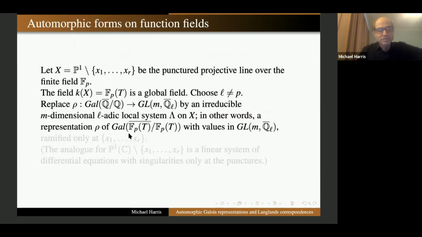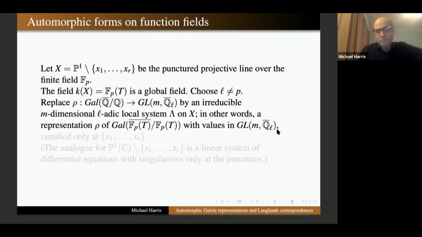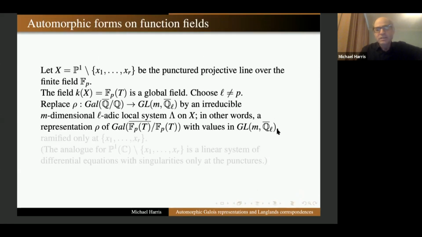So we can take a fundamental group at the generic point, and this is the Galois group of the algebraic closure of this field, or the separable closure, I should say. We're looking at homomorphisms into this group.